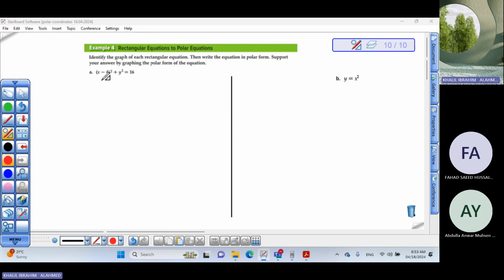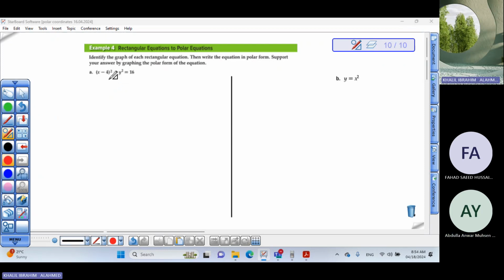Okay, good. The equation here, is this a polar equation or a rectangular equation? The question for you, who can answer me? Mr. Abdullah, is this polar or rectangular? Rectangular.